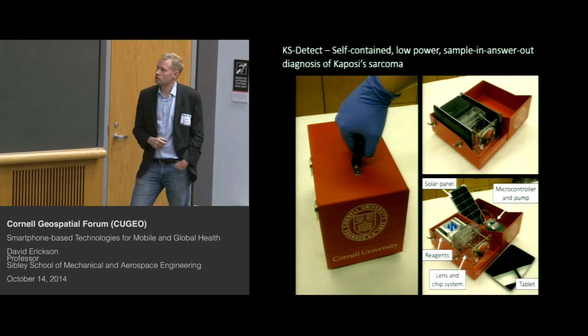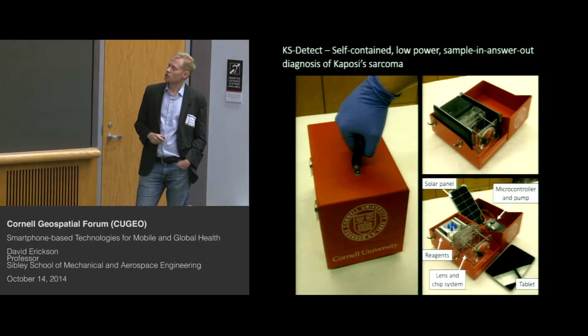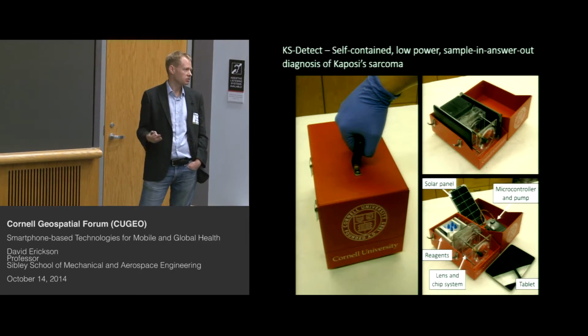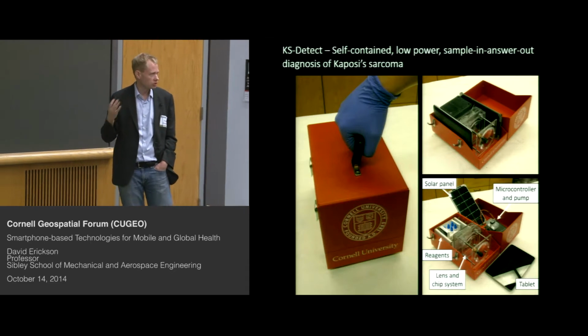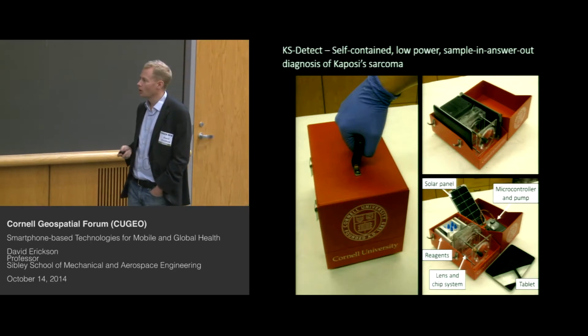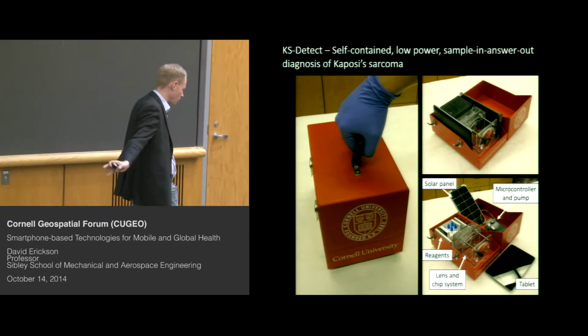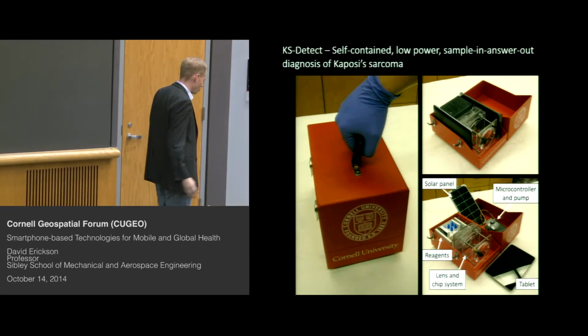So one of the things that we try to do is develop a point of care type or point of need type test that can go out, perform a diagnosis on site, and get results in the order of 30 minutes or an hour, something like that. This is the system here. If anybody's interested, I brought a prototype with me. It's actually the wrong prototype.